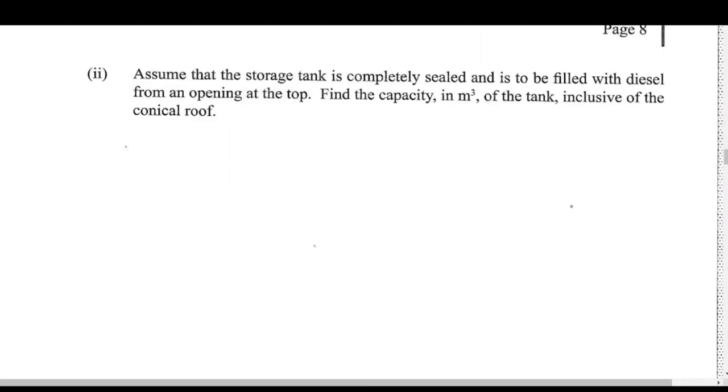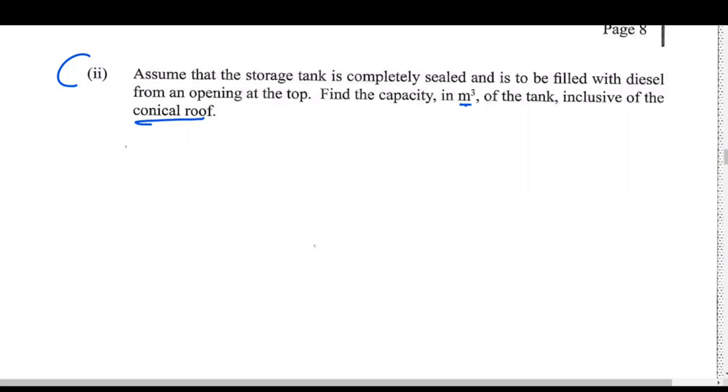The second part to the question says, assume that the storage tank is completely sealed. So that means it's closed off, and it is filled with diesel from an opening at the top. All right, so it's sealed off when you fill it up with diesel. Find the capacity in meter cube of the tank, inclusive of the conical roof.